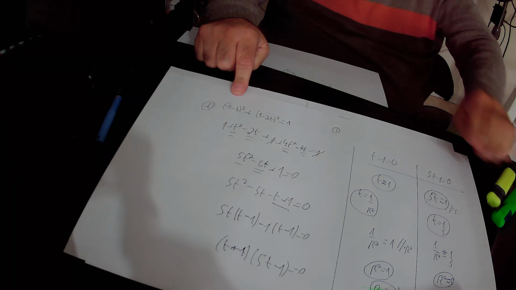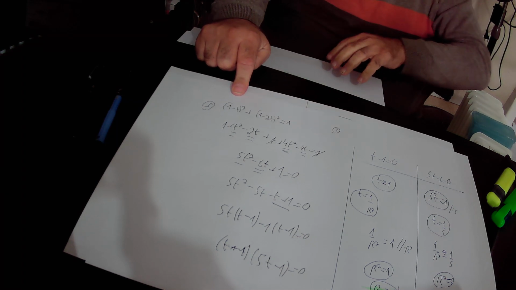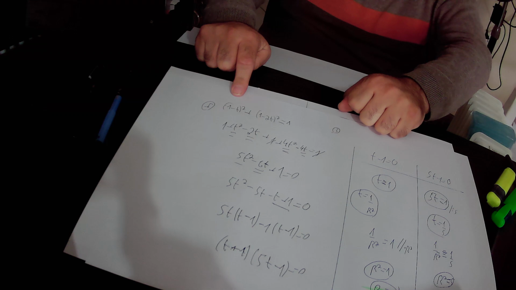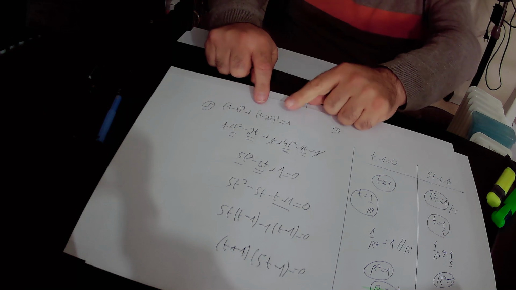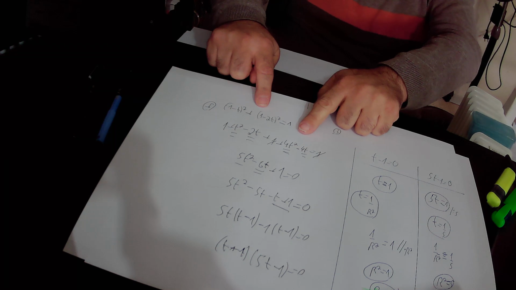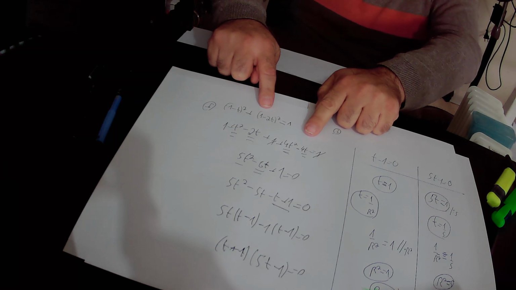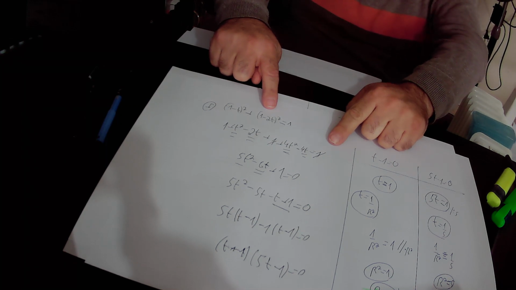We open the brackets: (1 minus t) squared equals 1 plus t squared minus 2t. And we open the brackets here also: (1 minus 2t) squared equals 1 plus 4t squared minus 2 times 2t, which is minus 4t. And that is equal to 1.